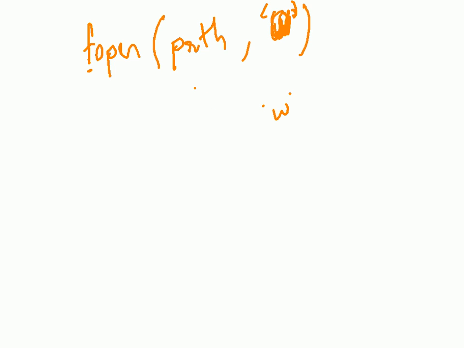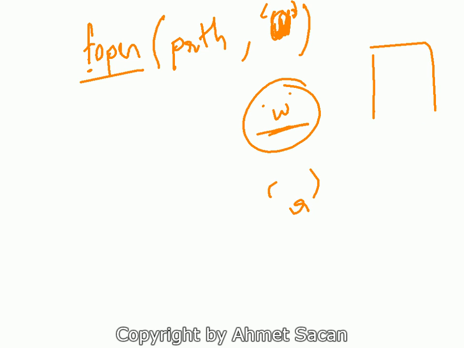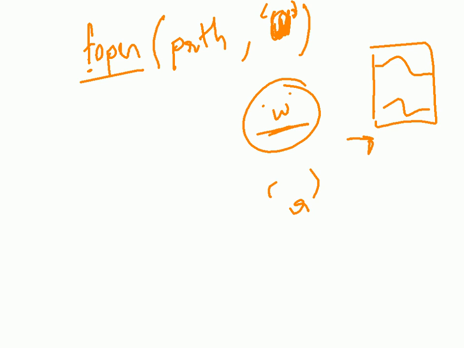It will empty that file first, so you will be starting from scratch every time you call fopen with the second argument W. If you call fopen with the second argument A, it will keep whatever is in that file, and next time you have a write operation, it will append to the end of it. Okay?